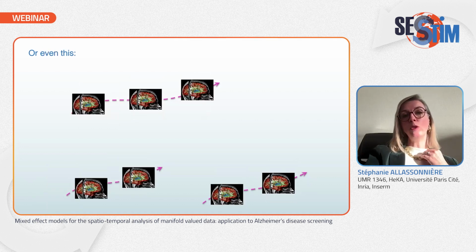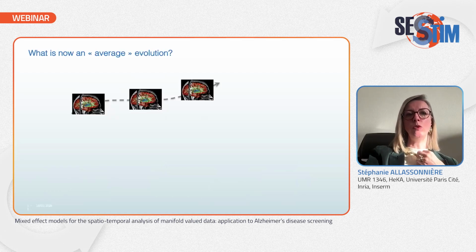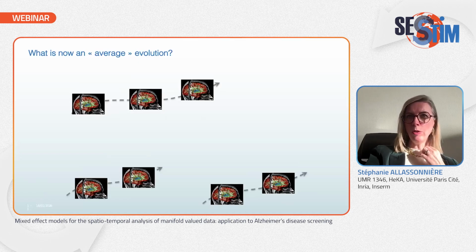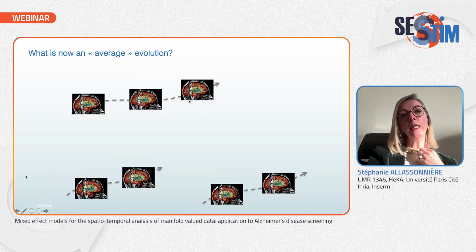You can have, of course, multimodal data where you have the shape, the image, and some other types of things. And what you want to do is to compute this average evolution. How do you do that? You take all the data from your patients. Each patient is showing you a little window of the long-time natural evolution of the disease.